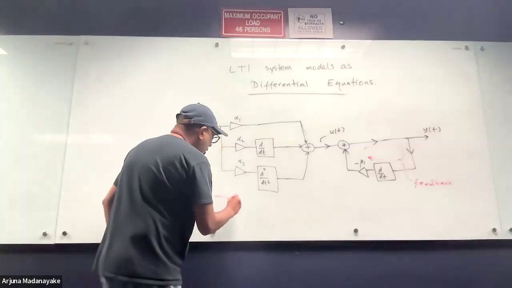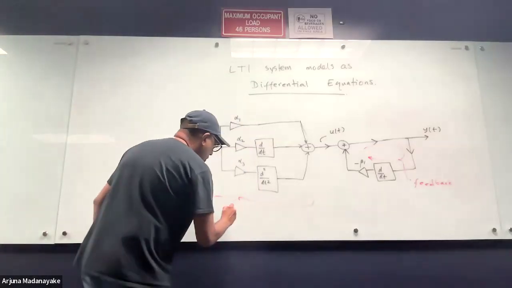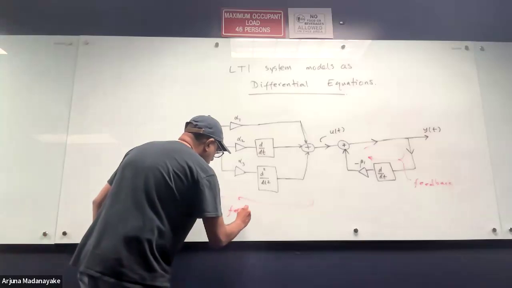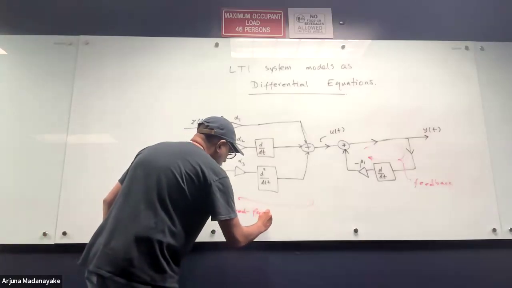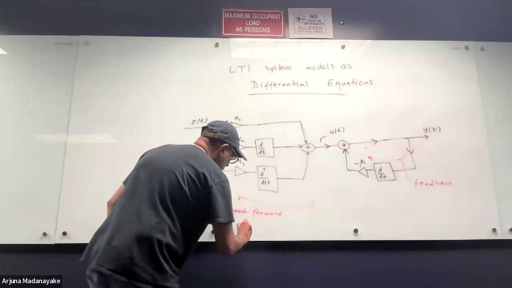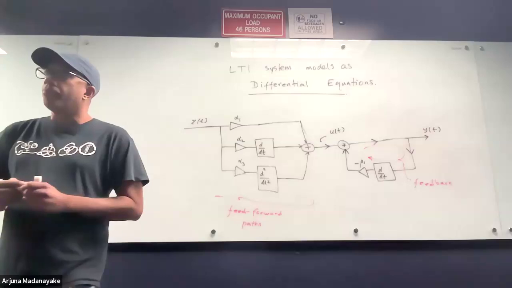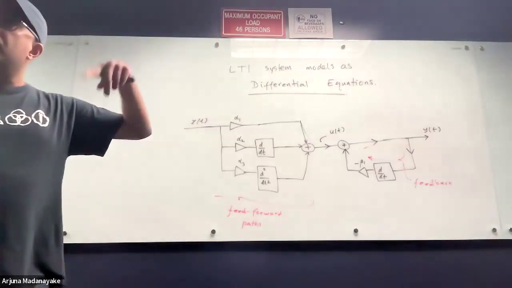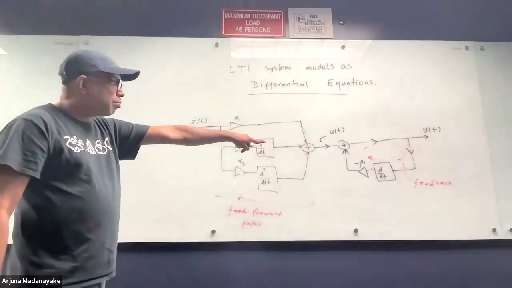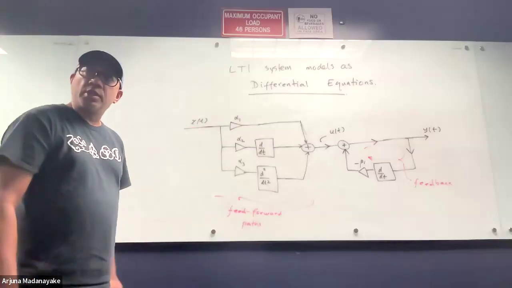So this is called the feed forward paths, right? So these are feed forward. And then you have the feedback. So you can have multiple differential coefficient orders in feedback also, but right now I just chose a simple version.